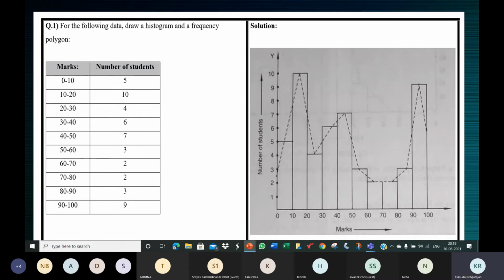If not specified, you can use any method. But if nothing is specified, we mostly prefer the one without the histogram. Why do you want to put the histogram when only the frequency polygon is asked? So straight away only the frequency polygon.